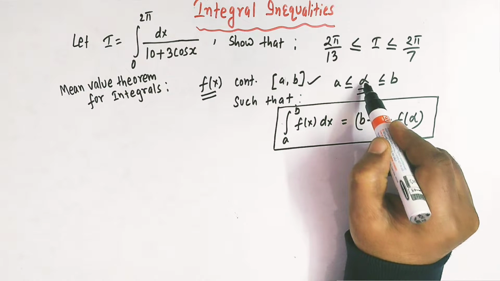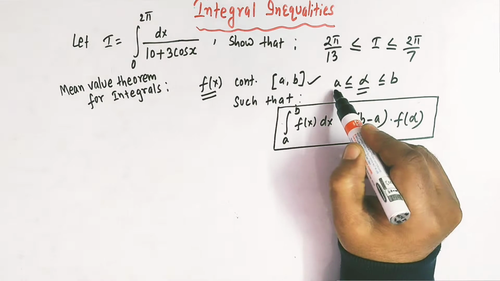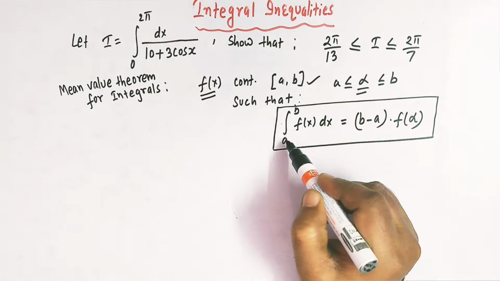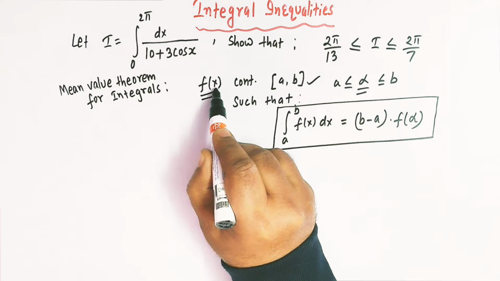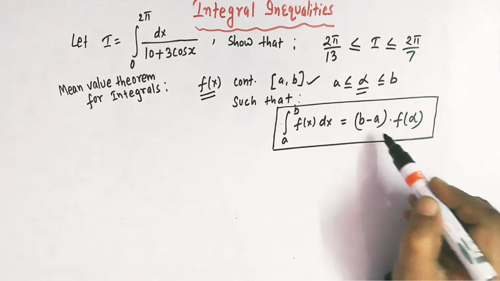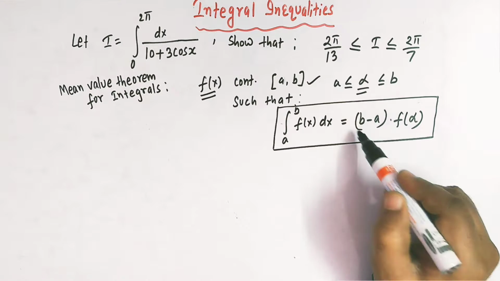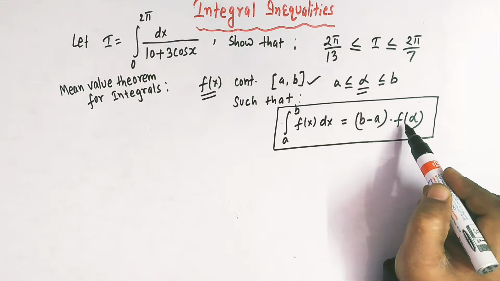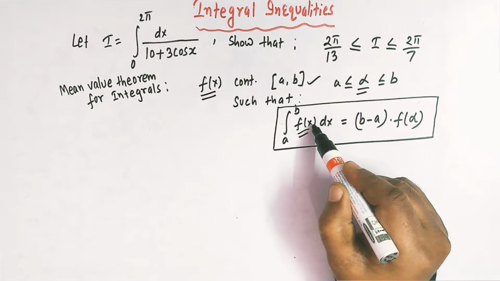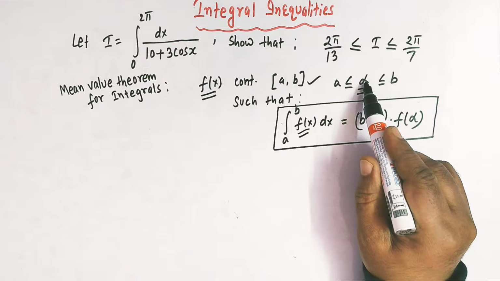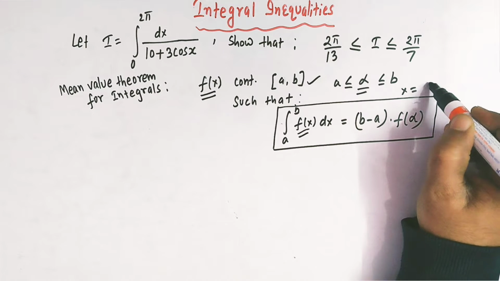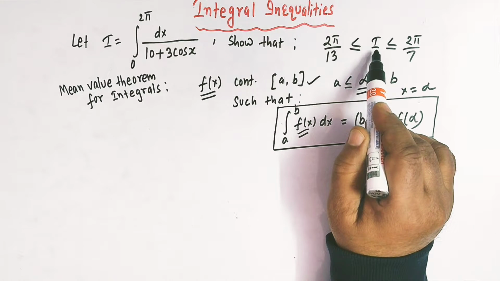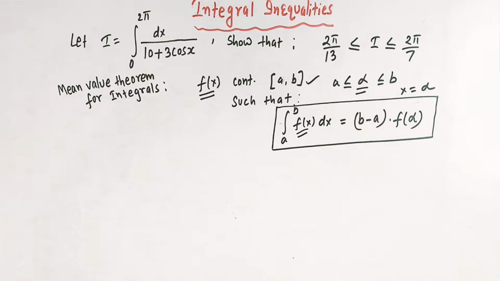So there must exist some number alpha between a and b such that the integral of f of x from a to b is b minus a, the difference of the upper limit and the lower limit, times the value of the function f of x at x equal to alpha. We'll make use of this result to arrive at this inequality.